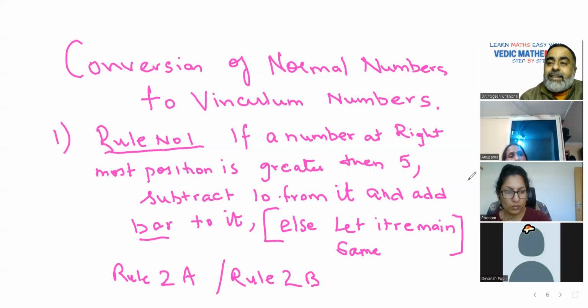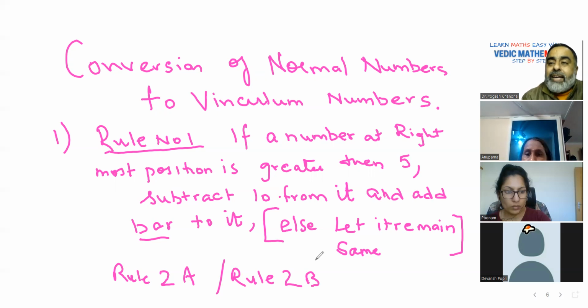If you subtract 10 from 6, what will you get? Minus 4. So we write 4 bar. And add a bar to it. That's why we write it so.